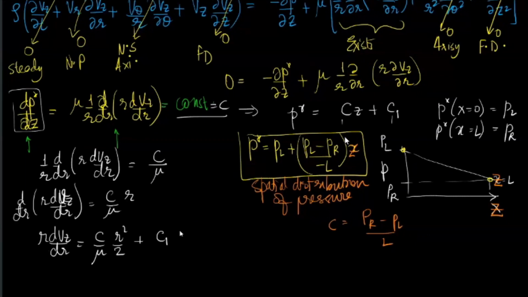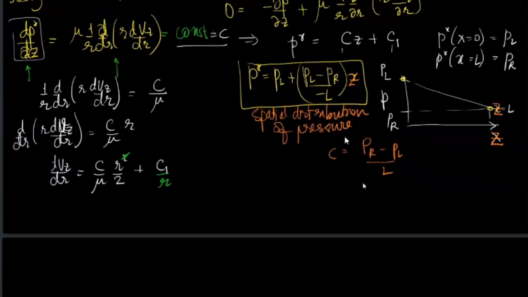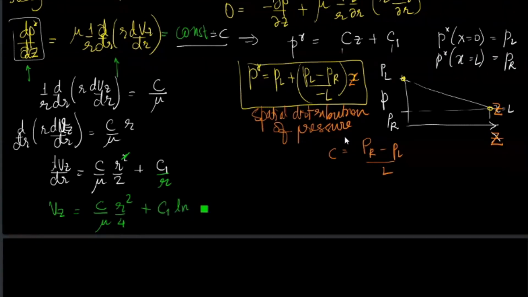So if we divide everything by R over here, this vanishes, this becomes simply R, and this becomes C1 upon R. So now we can integrate this one more time to obtain Vz is equal to C upon mu R square upon 4 plus C1 ln R plus C2.